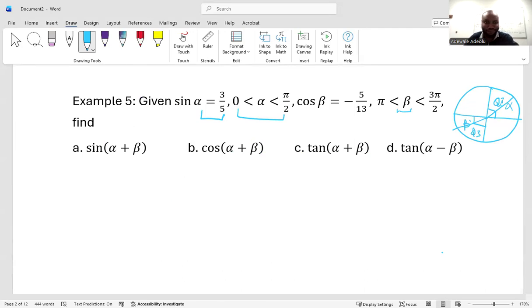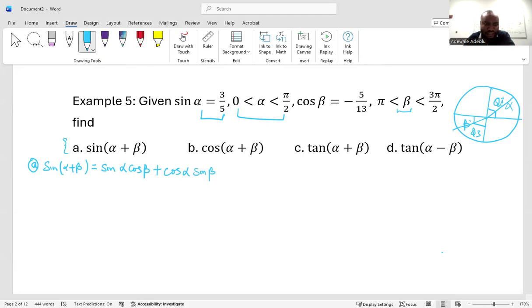Okay, now we want to find the exact value for sine of alpha plus beta, and so on. Say I want to answer sine of alpha plus beta. We know the formula is the sine of the first angle multiplied by cosine of the second angle, plus, since it is sine, cosine of the first angle multiplied by sine of the second angle.